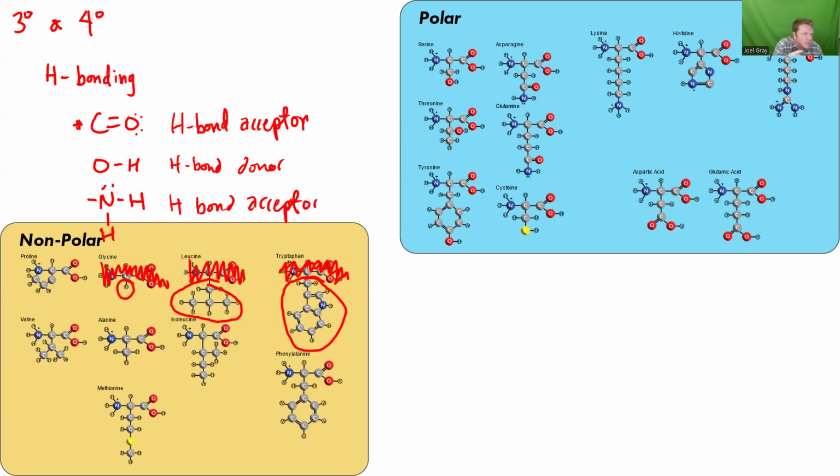So let's narrow our focus for just a second and come up with the single letter codes for amino acids that have a hydroxyl group, so that are going to be good hydrogen bond donors. Will asparagine? No, it's not going to be a good hydrogen bond donor because it doesn't have a hydroxyl group. Could anyone add?